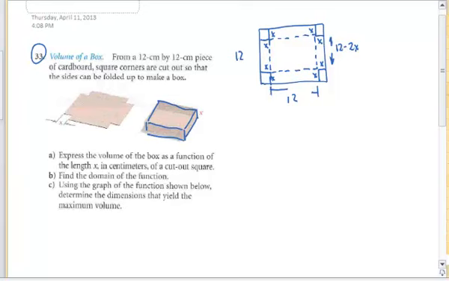And on this side, this dimension will also be 12 minus 2x. This happens because both sides of the paper are 12 by 12, and instead of being a rectangle, it happens to be a square piece of paper that we start with.